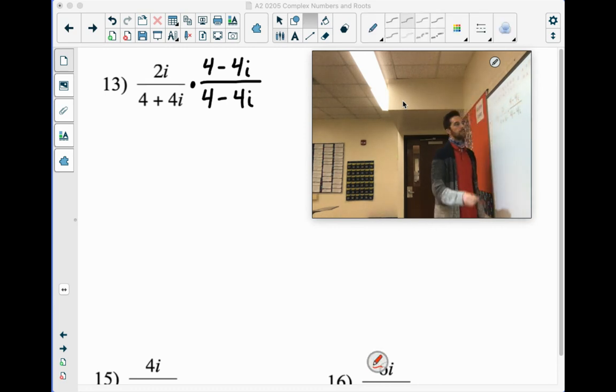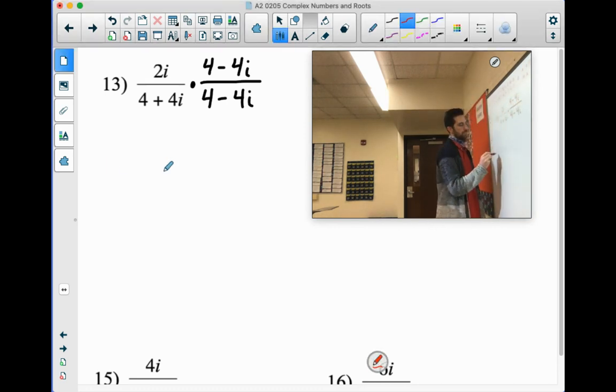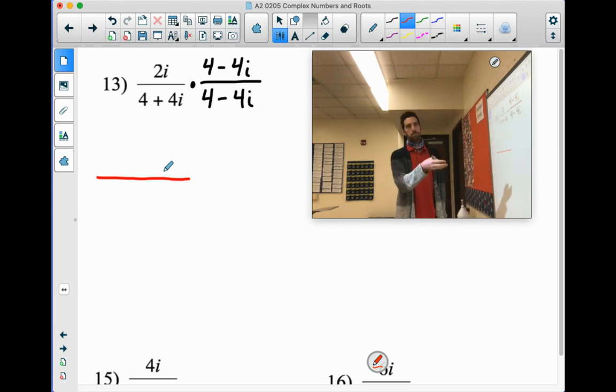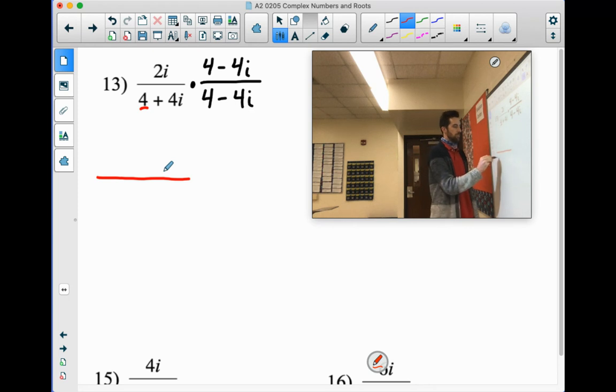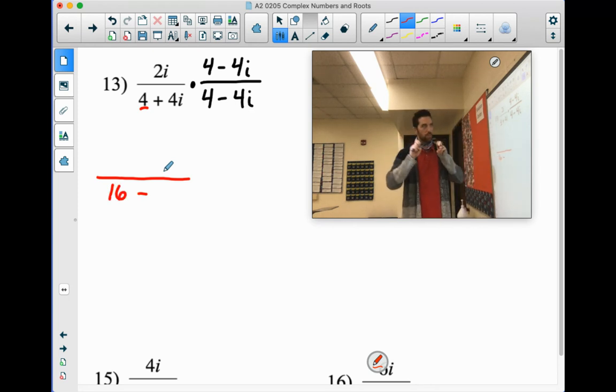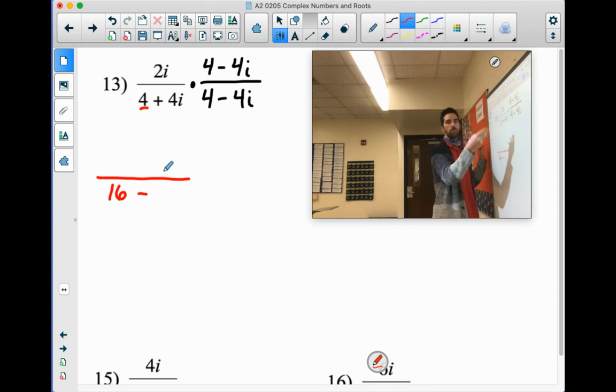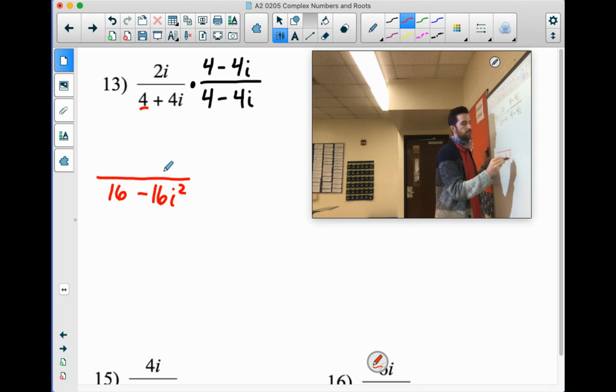So denominator, when you have the same thing except there's one plus and one minus, that's the one where there was a nice shortcut when we were foiling. The shortcut was you square the first term, 4 squared is 16. You put subtraction, right? Difference of squares. And you square the last term. 4i times 4i would be 16i squared.